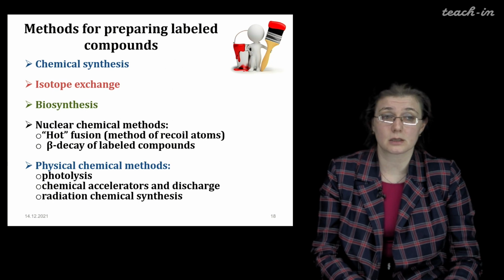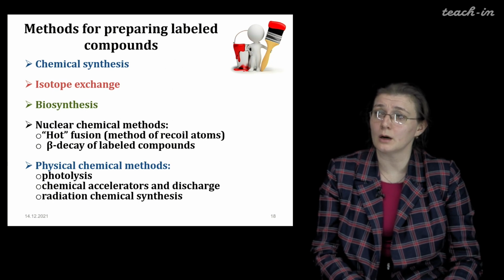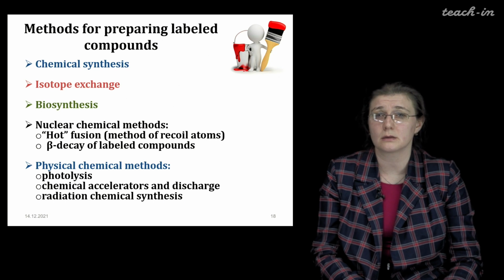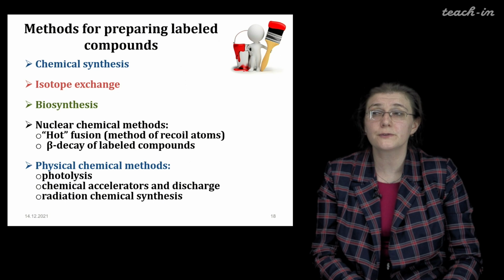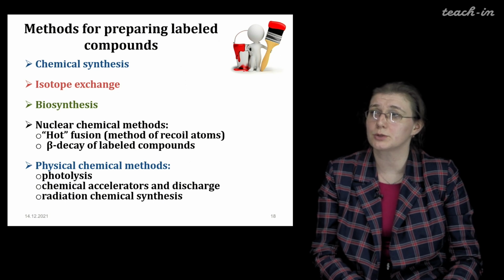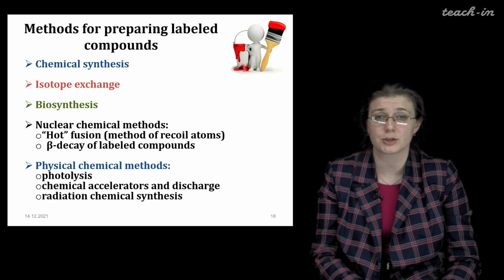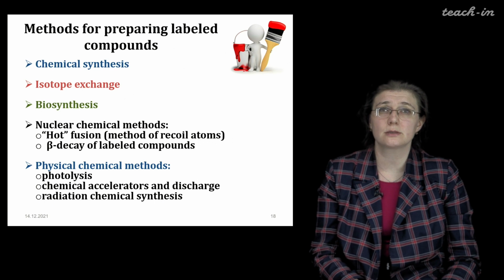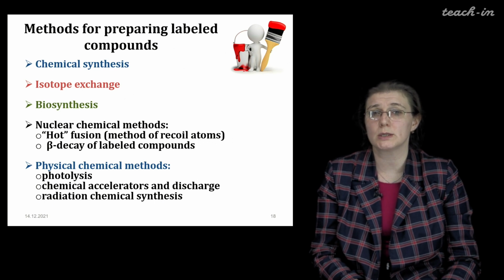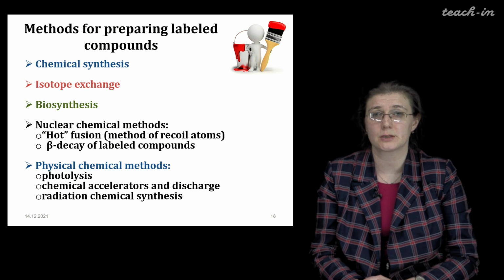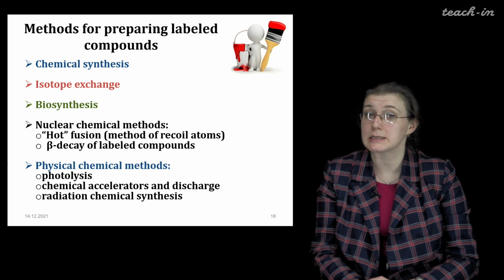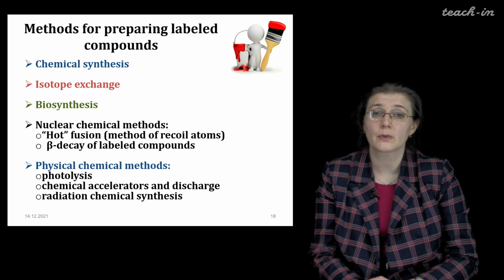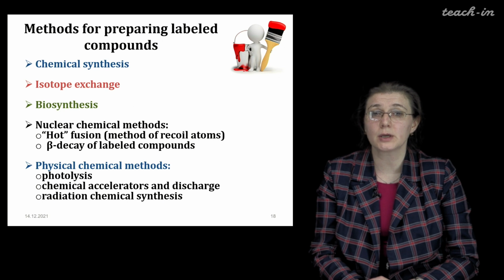So let's consider how we can synthesize the labeled compound. And I want to emphasize first, when we start the discussion, that radiochemistry usually deals with very small amounts of material. So volumes are usually less than 1 milliliter.